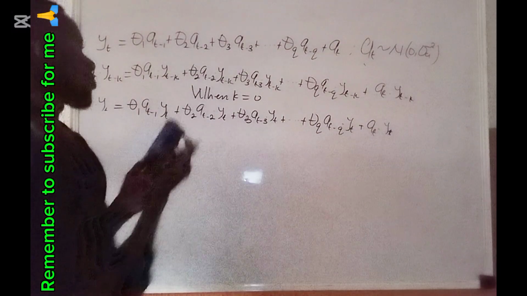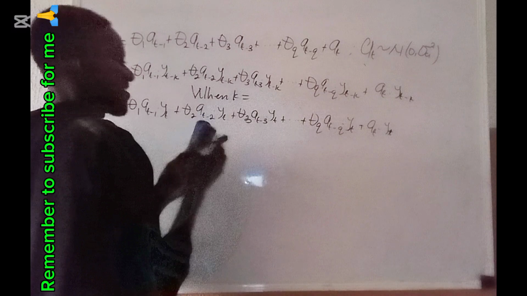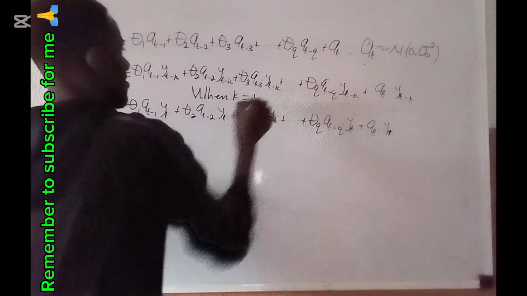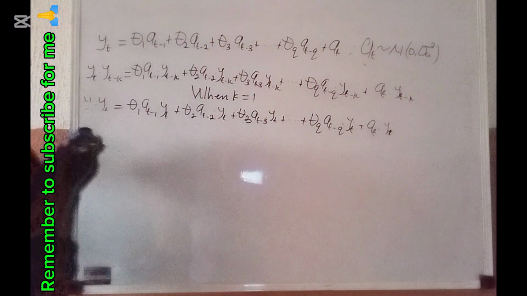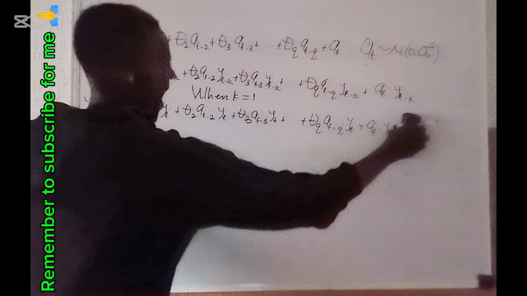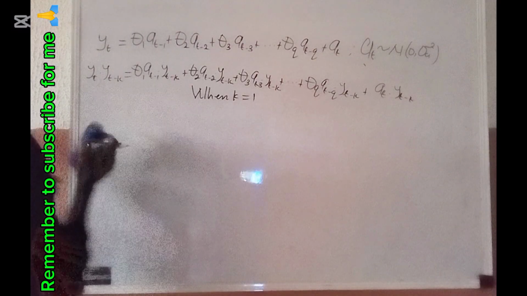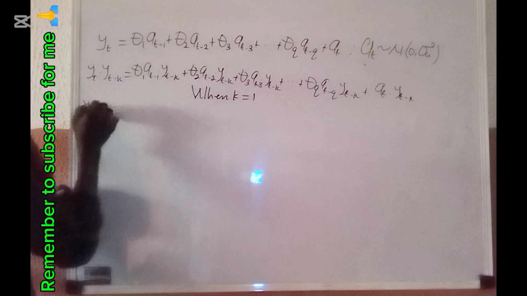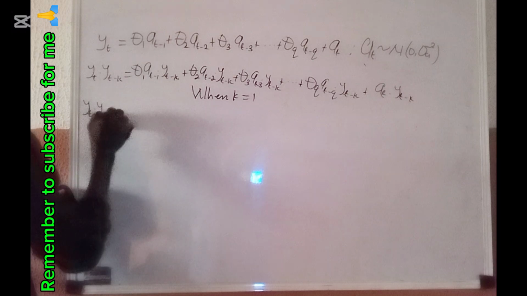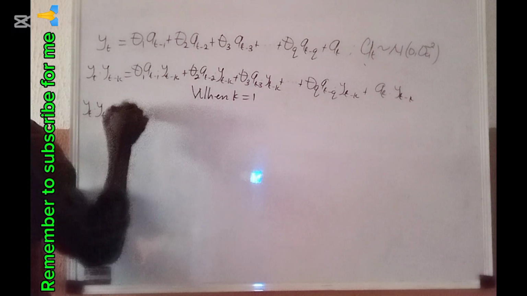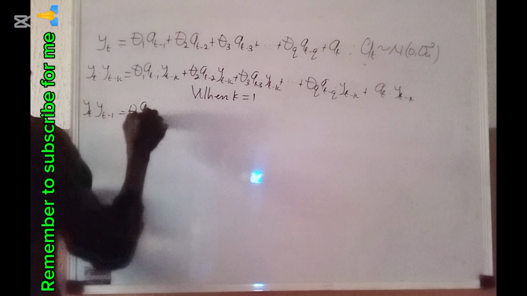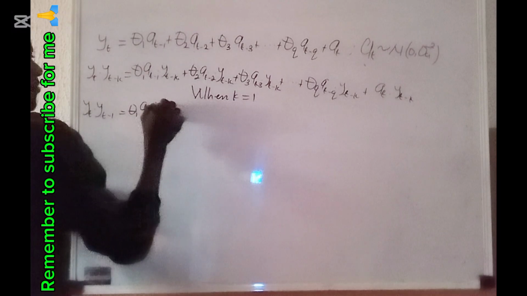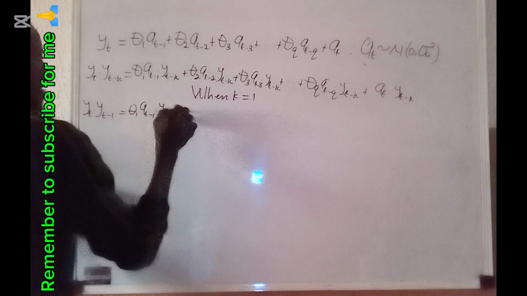When k becomes 1, anywhere I have k, it becomes 1. So I have Y of t multiplied by y of t minus 1. This is theta 1, a of t minus 1 multiplied by y of t minus 1.